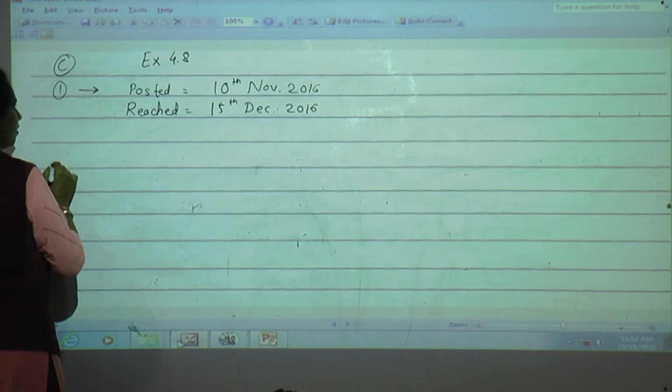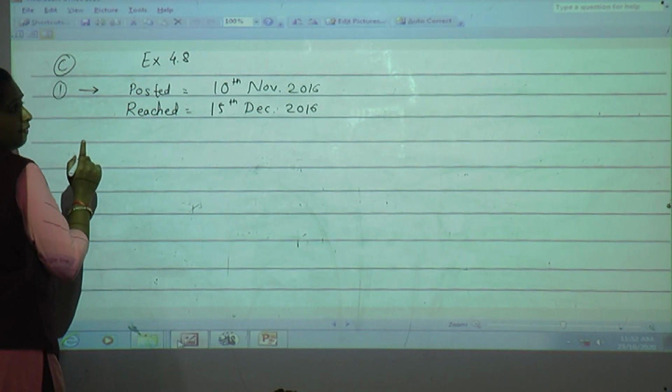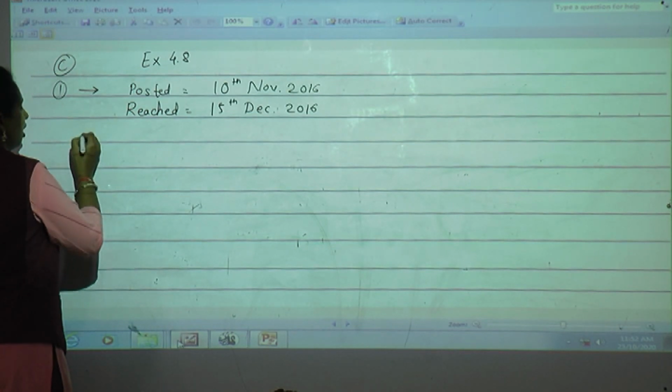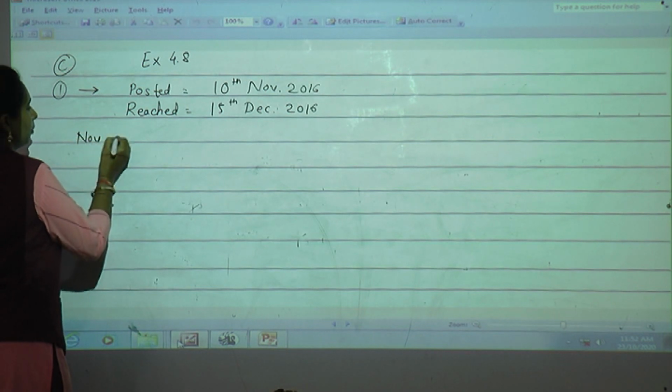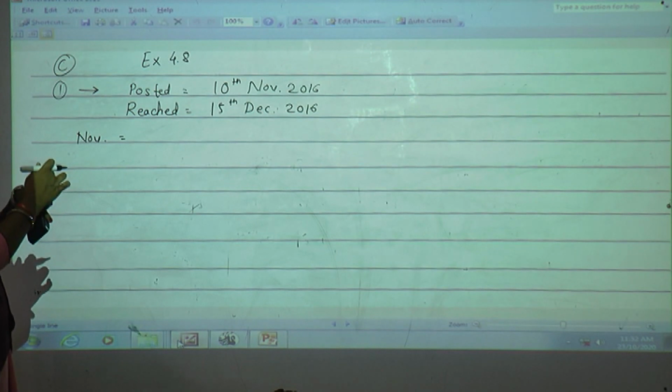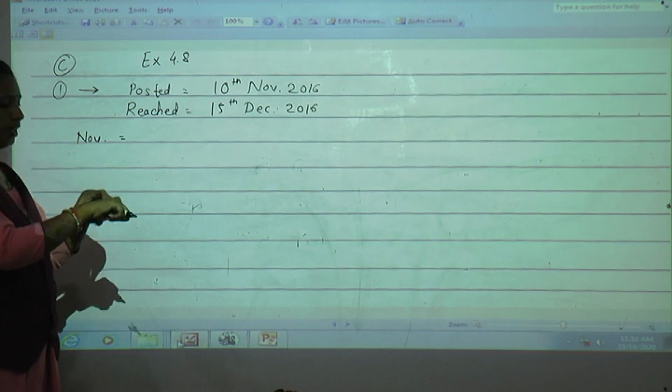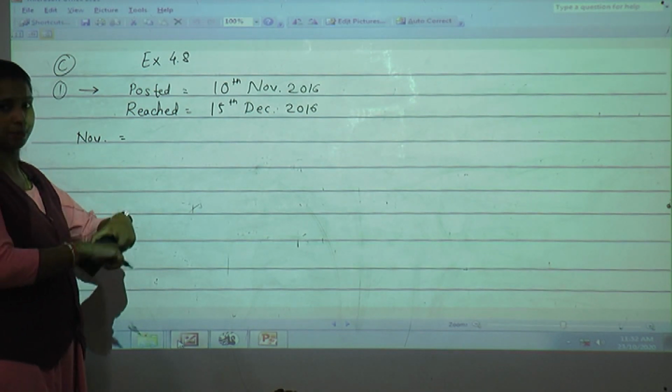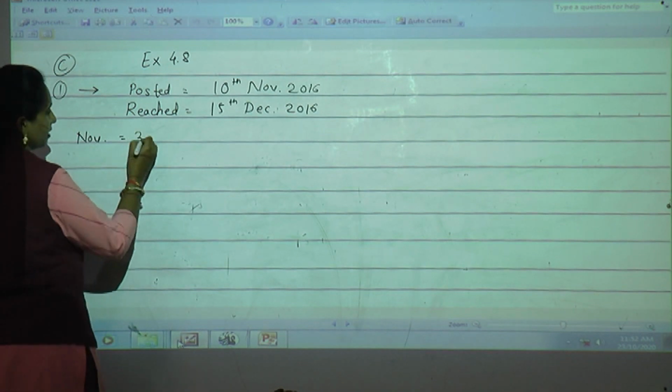Now first we will find out the days of November. In November month, how many days are there? See, January, February, March, April, May, June, July, August, September, October, November. It goes inside, means 30 days.